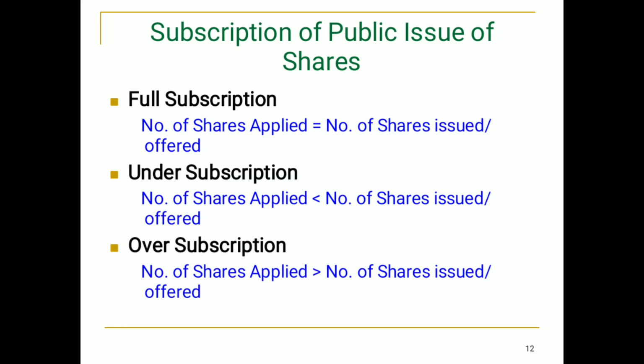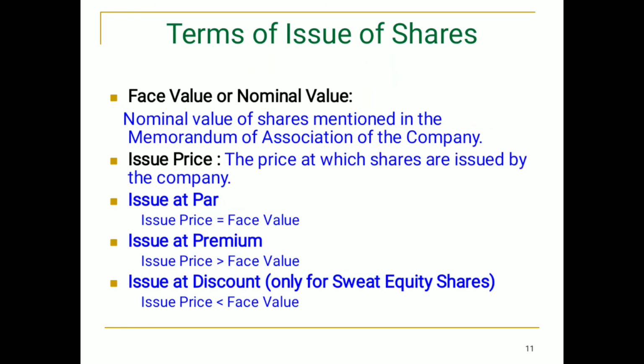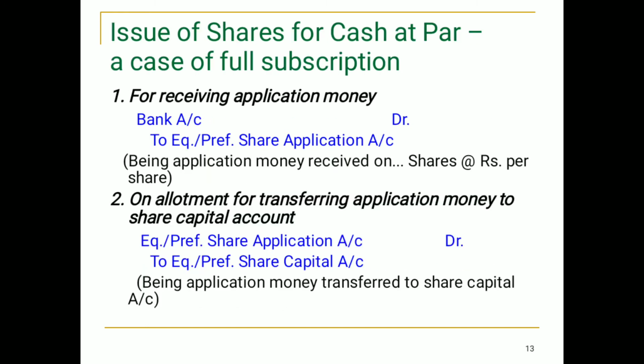Okay, so the first point that we have understood under this topic is issue at par. Now we are going to understand the journal entries for the same topic. Let me tell you one thing. In this chapter, journal entries are the most important thing. Your 8-mark question is completely based on the journal entries that we are going to start now.